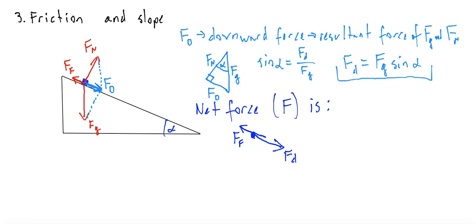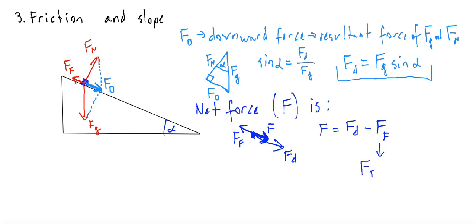So the net force, this force which moves the object down, is downward force minus friction. And this is the difference between a situation when we have friction and when we have no friction on the slope. So what is this friction?